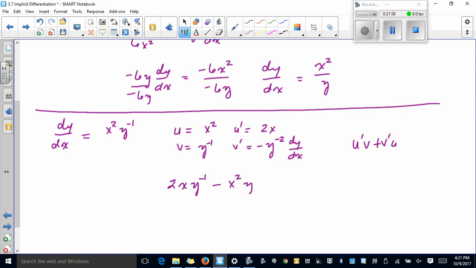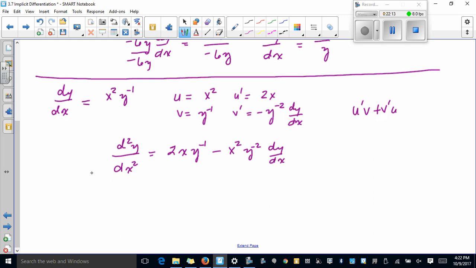Now do keep in mind this is the second derivative. So yes, I would like you guys to clean it up, but I can look at this and know if you did it right or not. Now keep in mind what dy dx is. That's x squared over y. So we're going to clean this up a little bit.